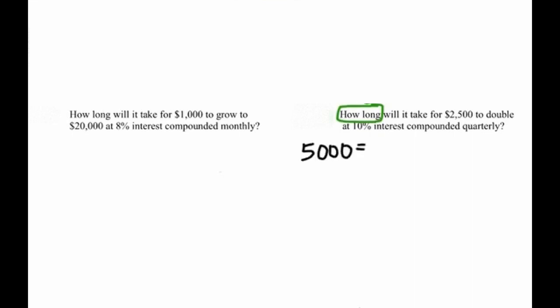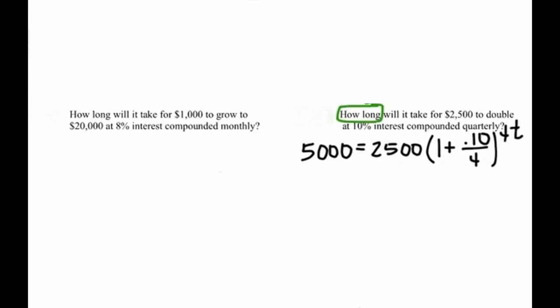So we'll have 5,000 is equal to 2,500 times the quantity 1 plus my interest rate as a decimal, which would be 0.1 or 0.10, divided by how many times our interest is compounded per year. Quarterly means 4 times a year. And then all raised to the 4 times t power.